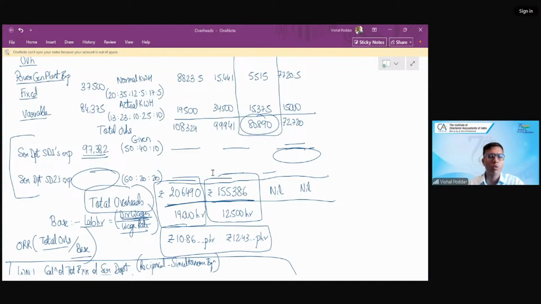I simply wrote SD1 because here the department name was SD1. If I would have written X, somebody may not have understood, sir, from where X has come. So we normally say that the total cost of department X is X. So this is how the total cost of department SD1 I have written as SD1. Right?